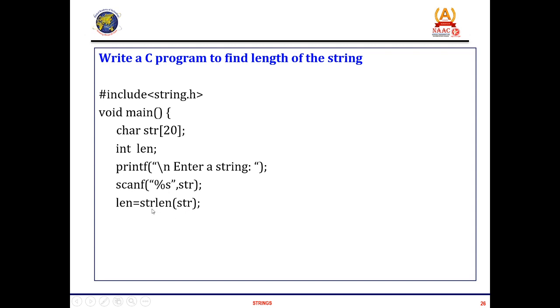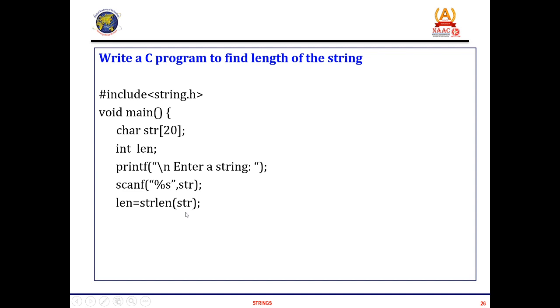Now see here, you look carefully, you have strlen(str). In the previous example, I had enclosed GAT in a pair of opening and closing double quotes, but here str is not in double quotes, and that's the difference. If you enclose something in a pair of opening and closing double quotes, then that itself becomes a string.